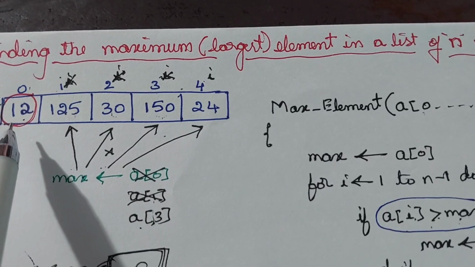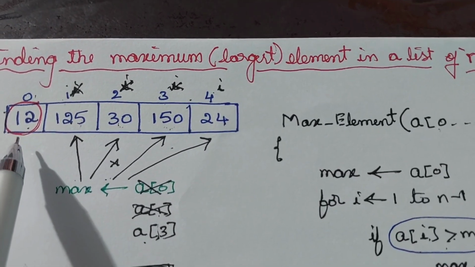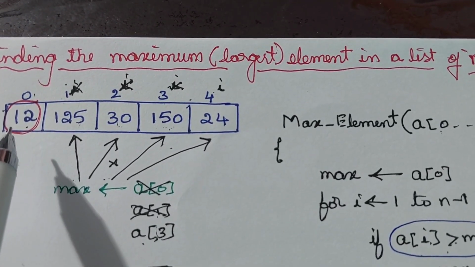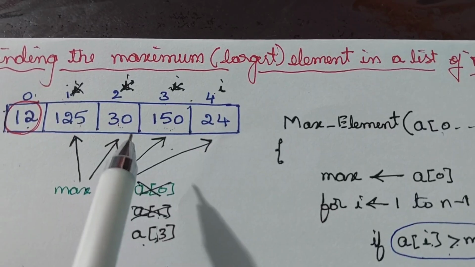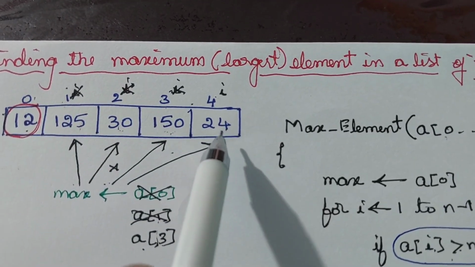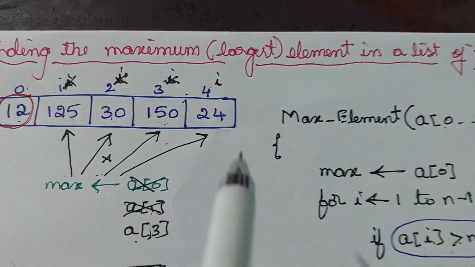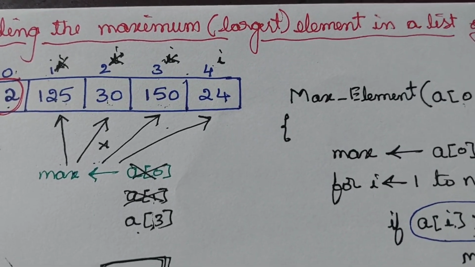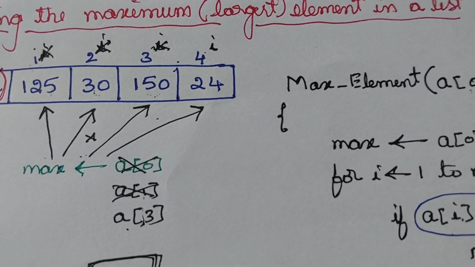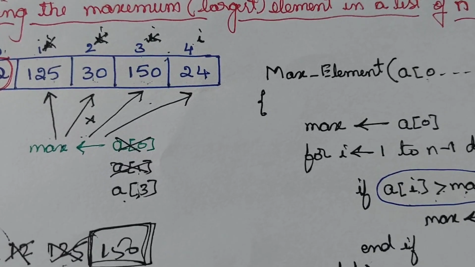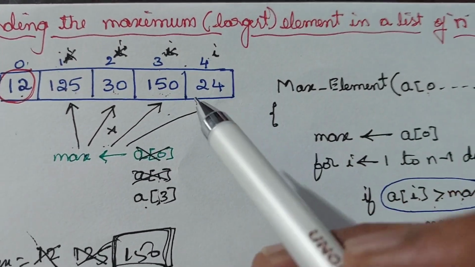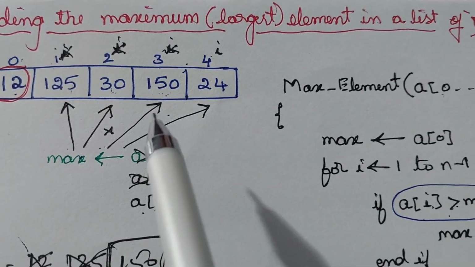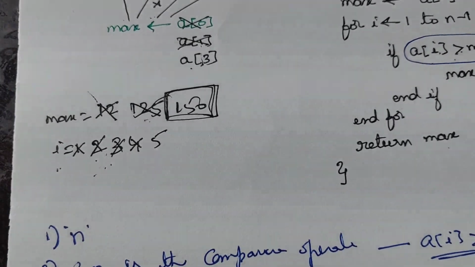Assume the maximum element is in the first position. We still need to check all the elements. Suppose it is at the last, then also we need to check all the elements. Simply by looking we cannot say. We need to check all the elements, then only we can say which is maximum. So however you give the input, it depends only on the problem size. Hence we need to find only the average case.